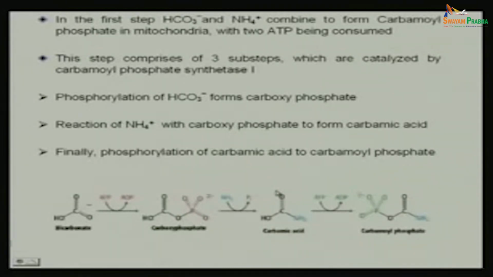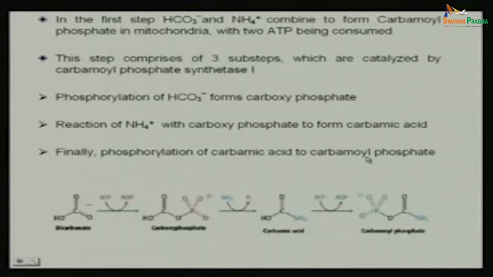Now, if we sum up, this step comprises three sub-steps. Phosphorylation of bicarbonate forms the carboxyphosphate. This is the first step. Reaction of ammonium ion with the carboxyphosphate forms carbamic acid. This is the second step. And finally, once again this carbamic acid is getting phosphorylated to carbamoyl phosphate.